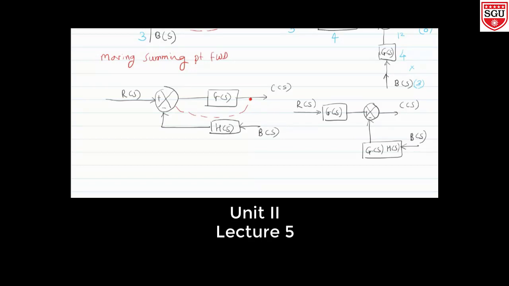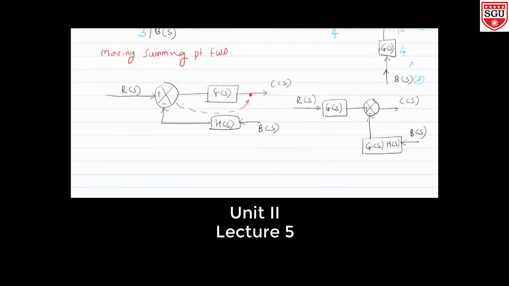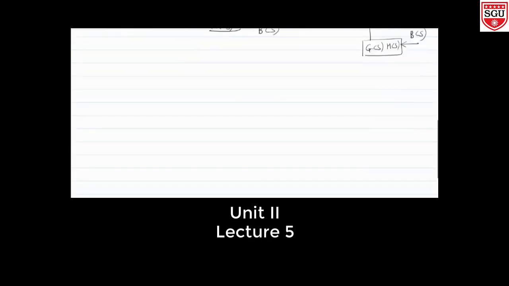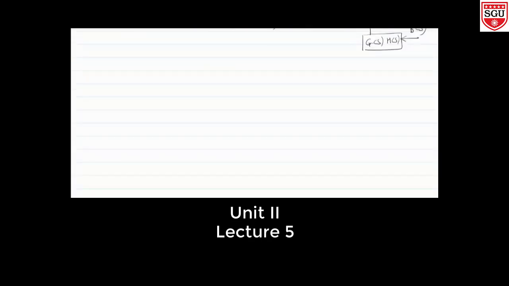The rule is the same, only the addition of H of S we are showing in the diagram. Is rule number 6 clear to all? Yes, sir. If it is clear, then what do you think the rule number 7 will be?